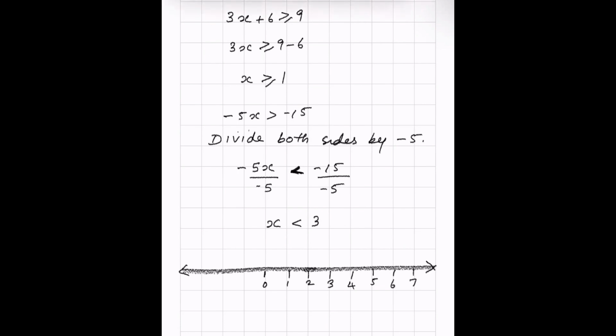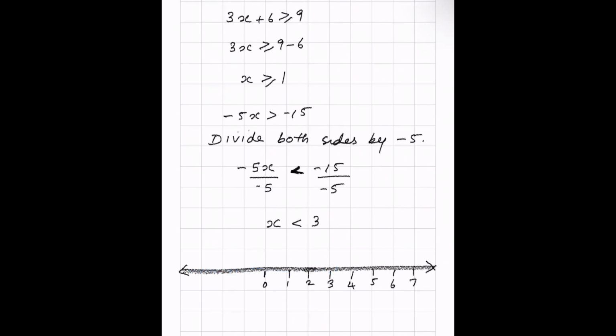X less than 3 means a hollow circle at 3, right? It actually goes towards the left-hand side. X less than 3 means it is full on this side. This is the meaning, but I don't mark it. Just understand that this is the meaning.